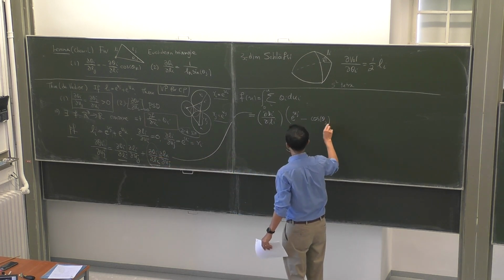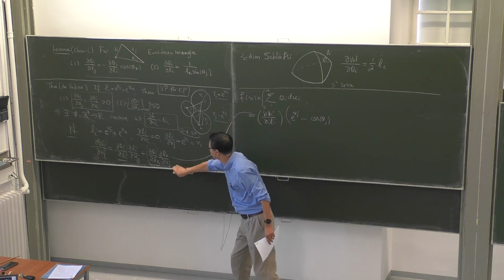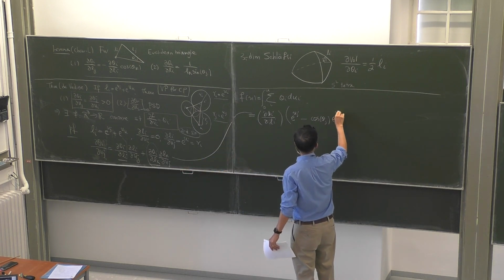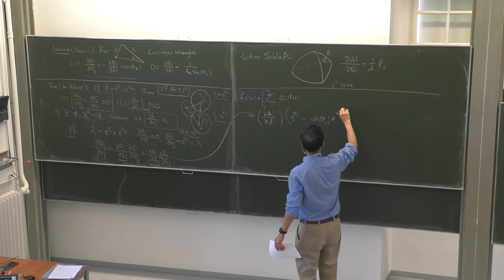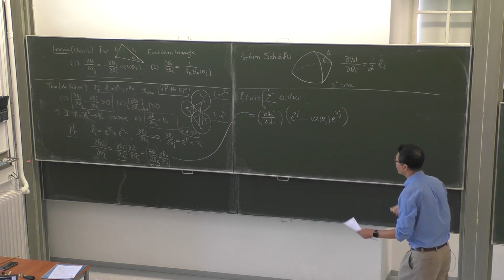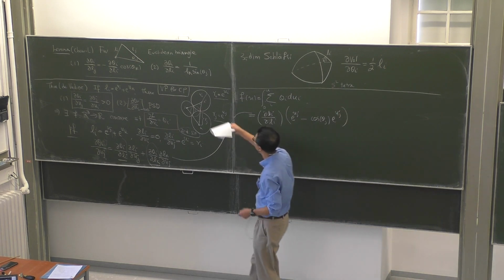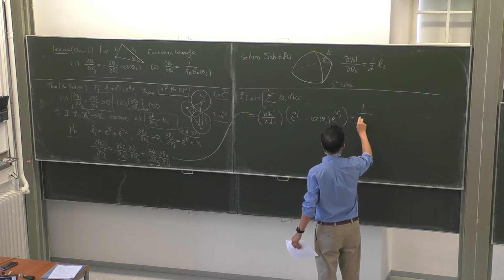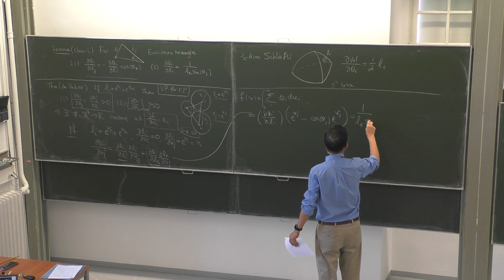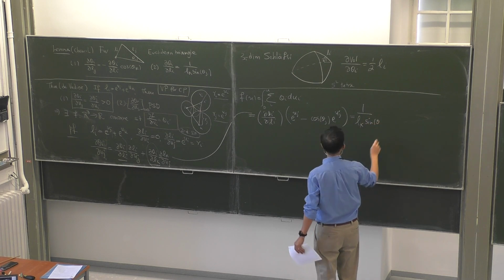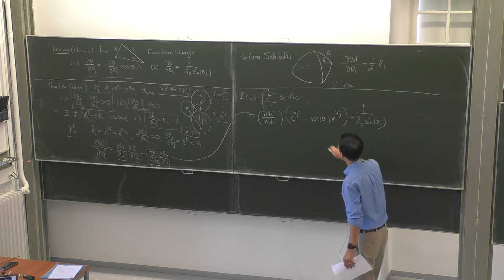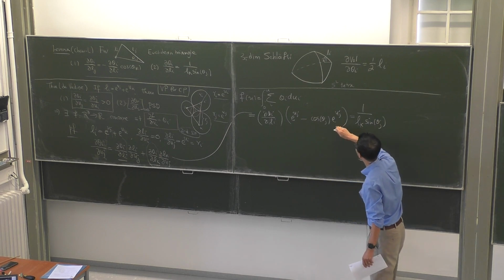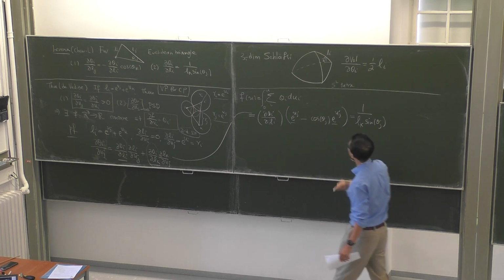So it's j, and this is the same. So it's e to the u_j. And now let's use this formula to see what that is. This is 1 over l_k sine theta_j. And these two are the same, right?